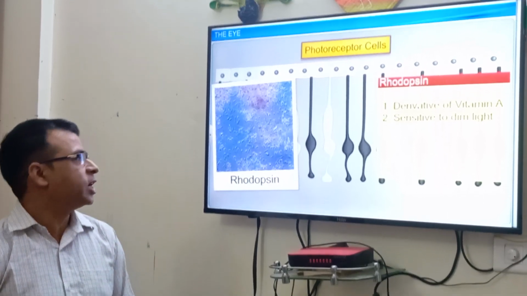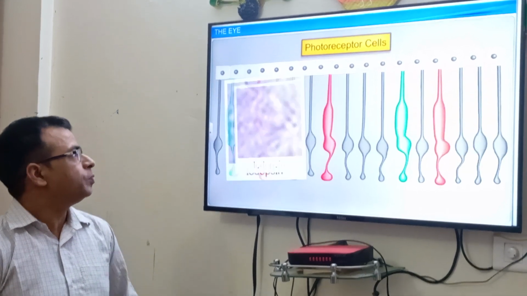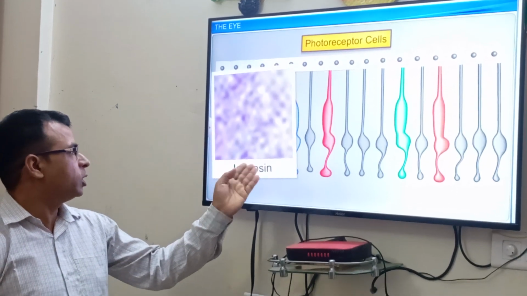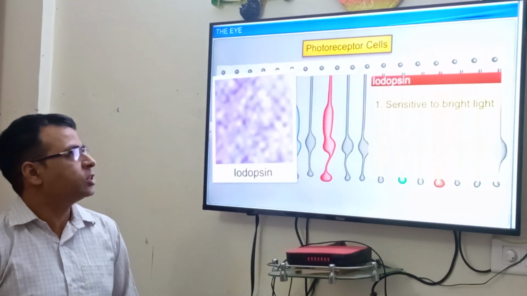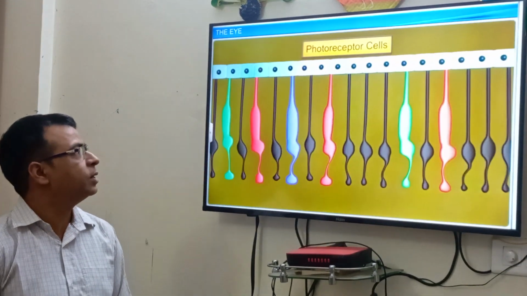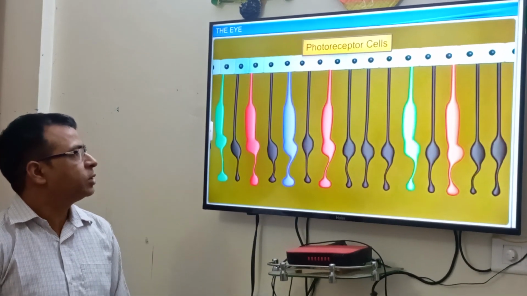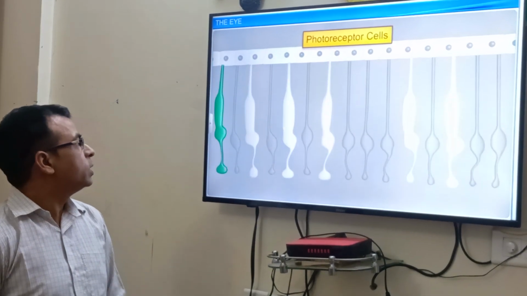So dim light vision is decided by the rhodopsin of the rods, and iodopsin is present in the cones. This is sensitive to bright light or daylight. These are the photoreceptor cells, different types, cones and rods.